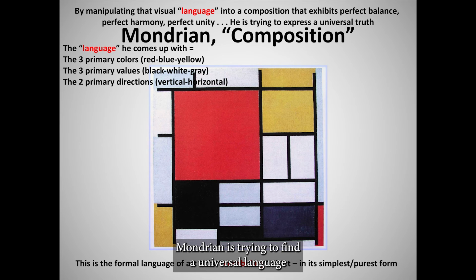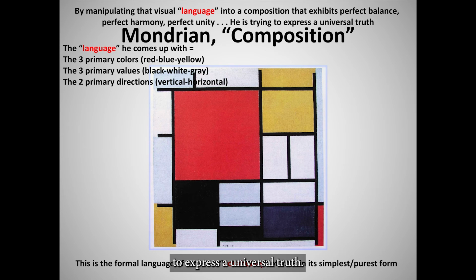Mondrian is trying to find a universal language to express a universal truth. The language he comes up with are three primary colors, red, blue, and yellow, three primary values or tones, black, white, gray, and two primary directions, vertical and horizontal.